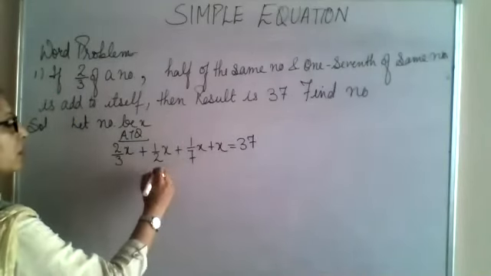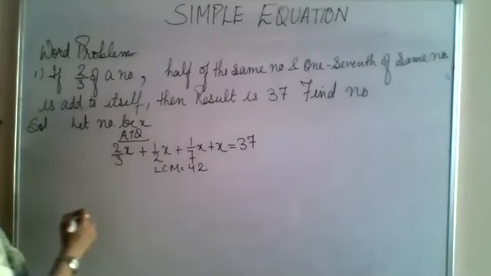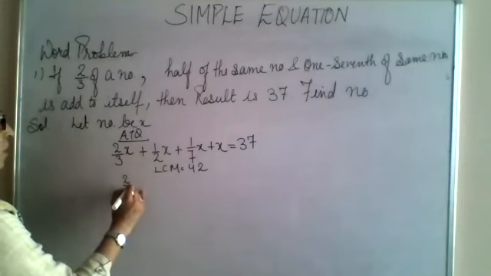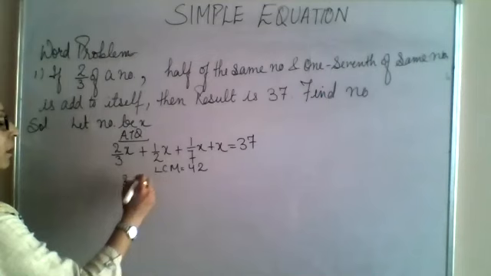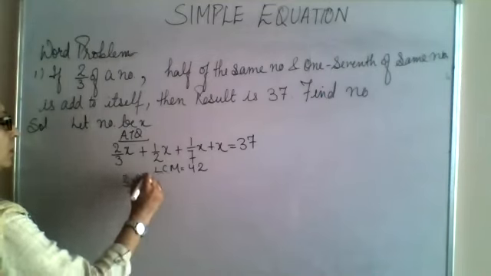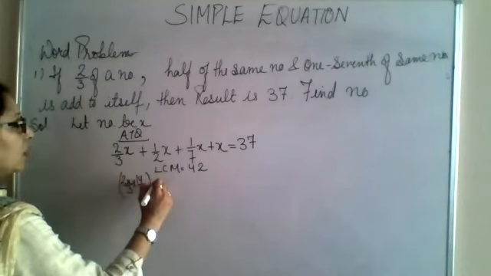What will be LCM of this? 42. Make denominator same for calculation. So 2 upon 3 multiply by 14 upon 14. So simply I'm writing here 28x.